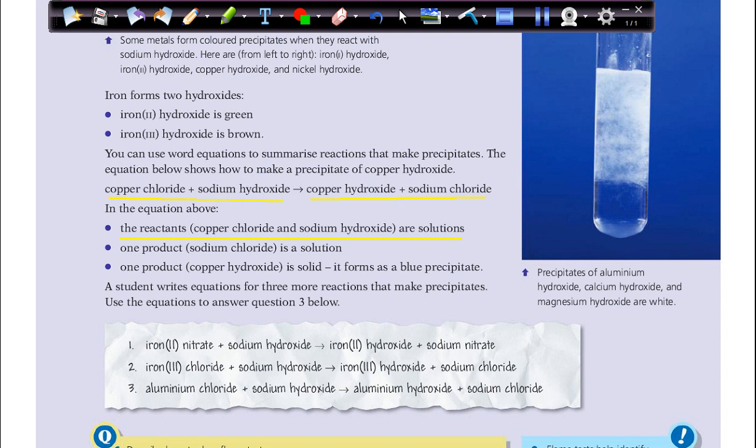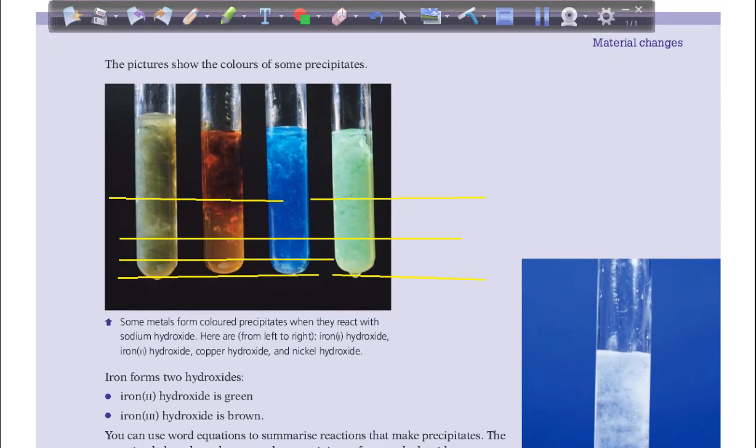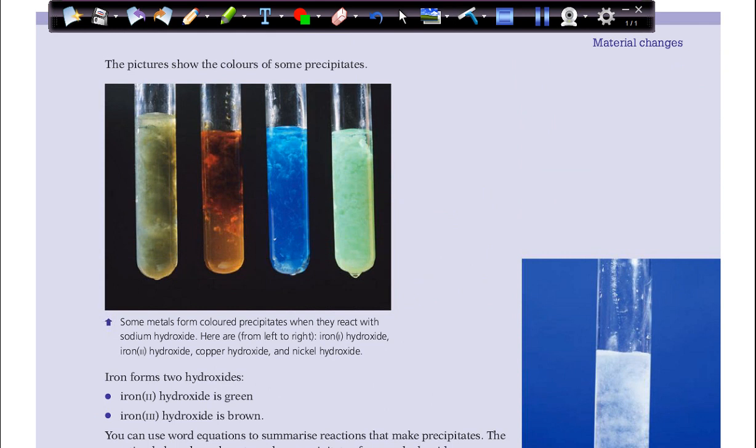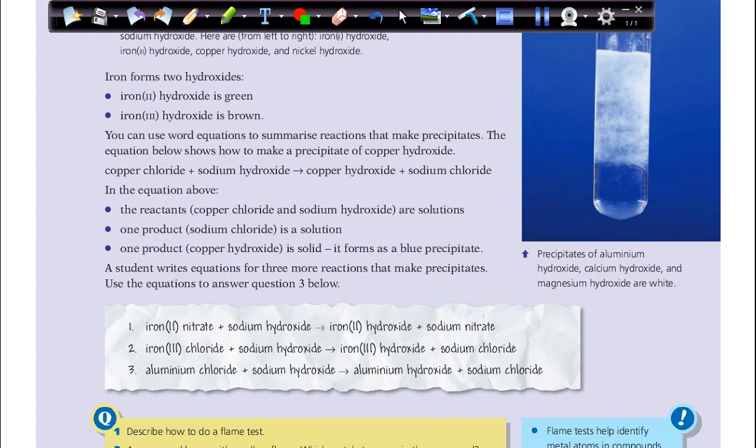And one product, sodium chloride, is a solution, and we have one product, copper hydroxide, which is solid because it forms as a blue precipitate, as we have here in this picture. This is the copper hydroxide precipitate.